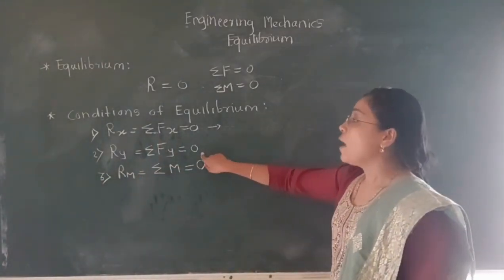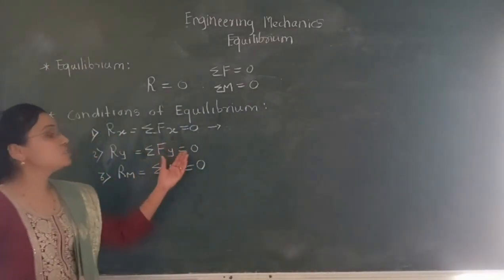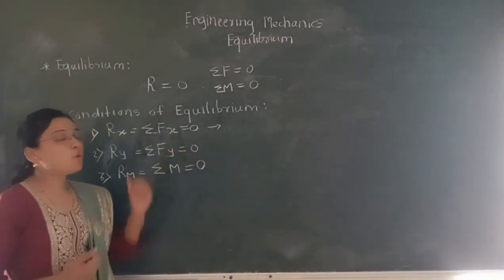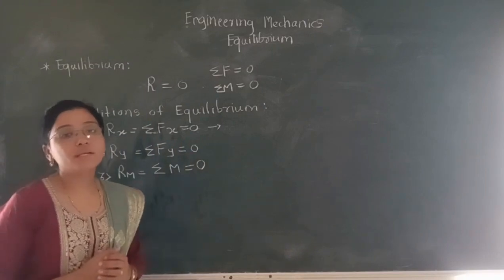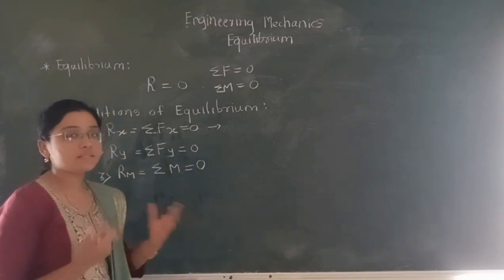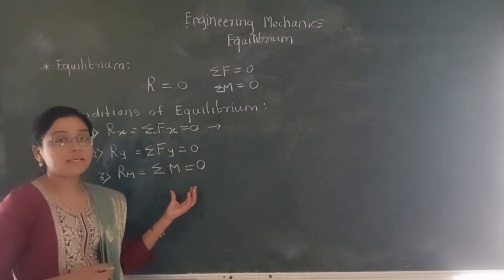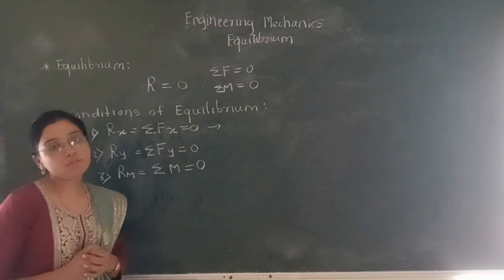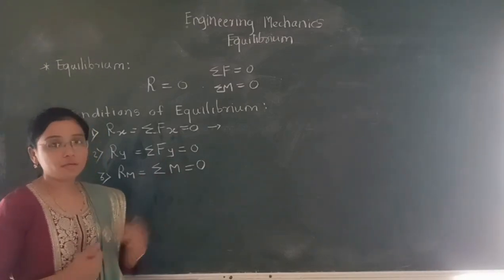It means addition of all forces acting in the vertical direction is equal to 0. If the body satisfies this condition, the body will not show any vertical motion as an effect of external forces. If the summation of moment is 0, it means the body will not show any rotation, but the body may show linear motion.